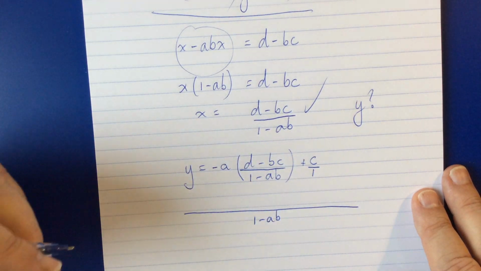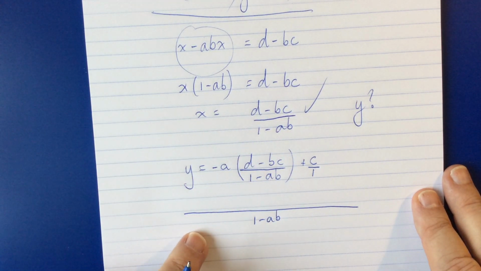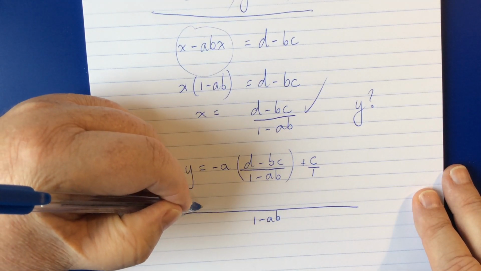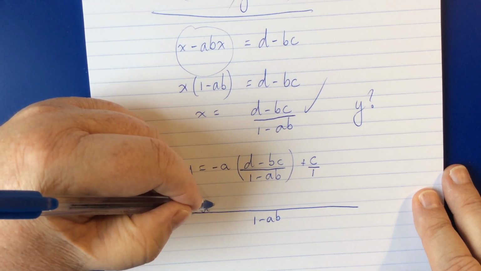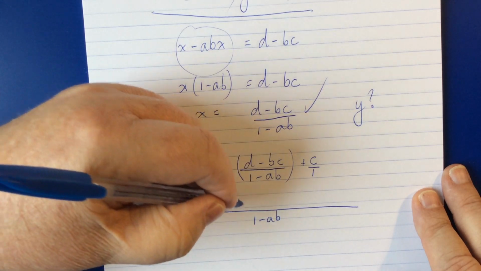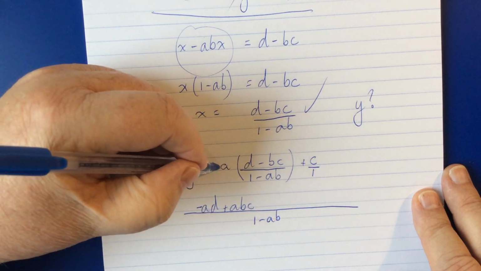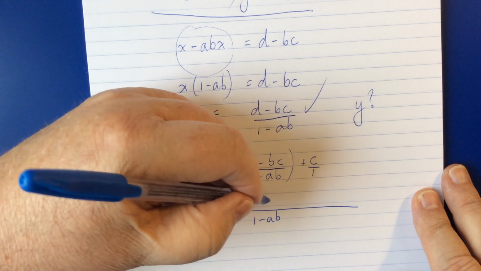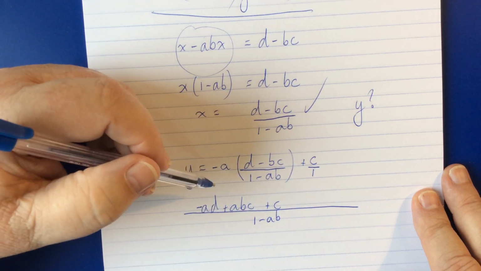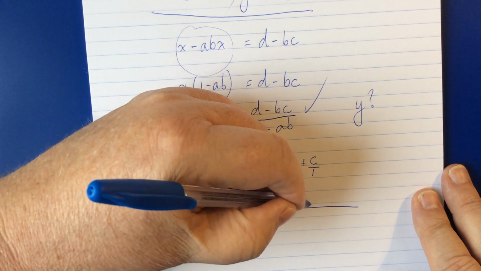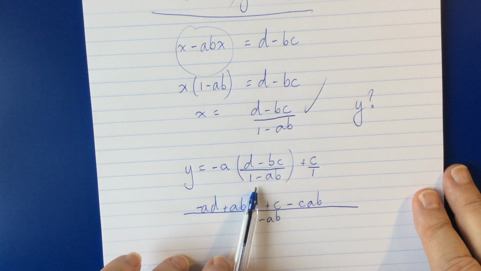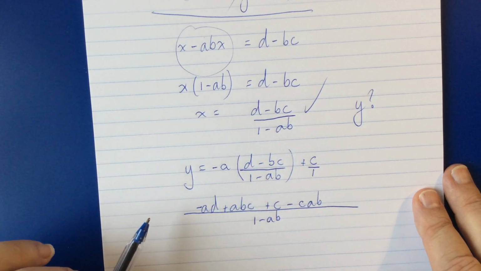Setting up the numerator is a tiny bit of work, but we'll get that done. Negative ad plus abc, that times that, plus c minus cab. So basically what I've done is cross-multiplied here, taken away the bracket and cross-multiplied.